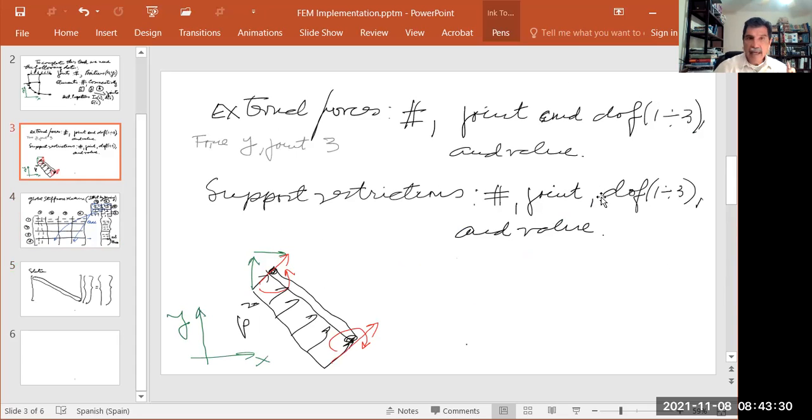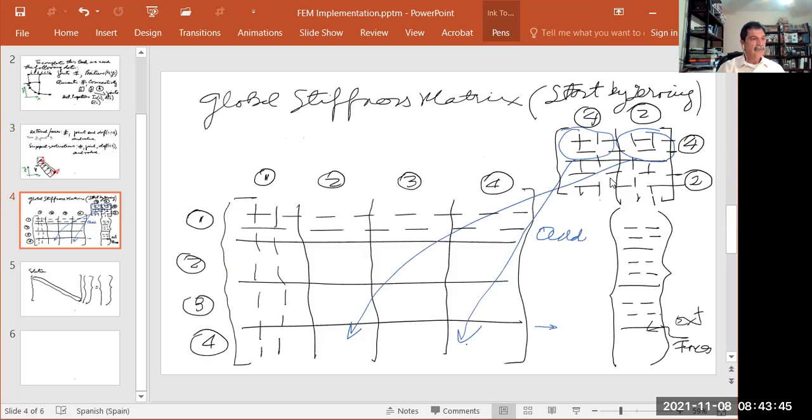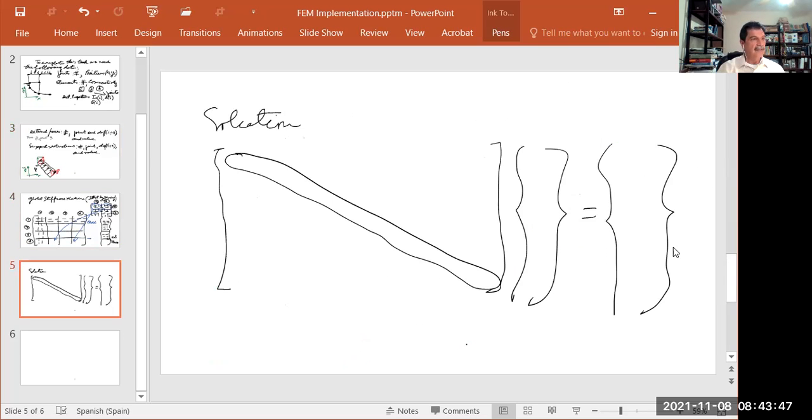Okay. Again, let's suppose that joint 4 cannot move in the X direction. So joint 4 in the X direction, that's going to coincide with what degree of freedom? What position in this vector?